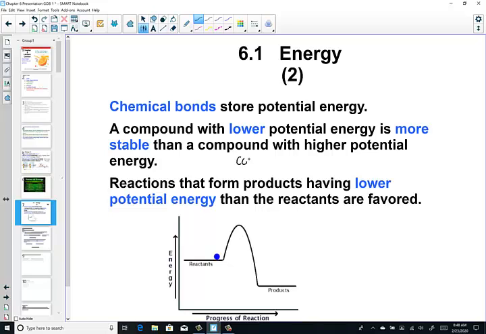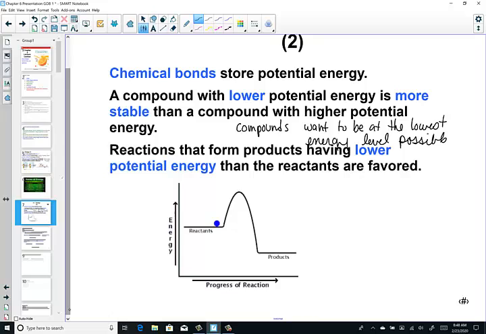It says compounds want to be at the lowest energy possible. And I think about the natural state. I think all of us want to be at the lowest energy level possible, especially with our 8 a.m. chemistry class. Then we see that reactions that form products having lower potential energy than reactants are actually favored.